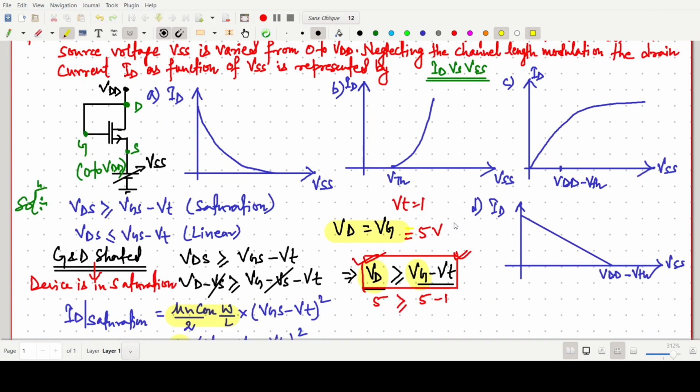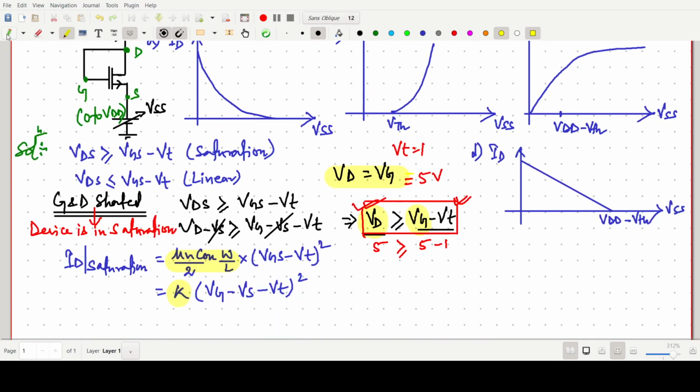Now VG is nothing but simply VDD because it is connected to the supply. So VG is simply VDD.